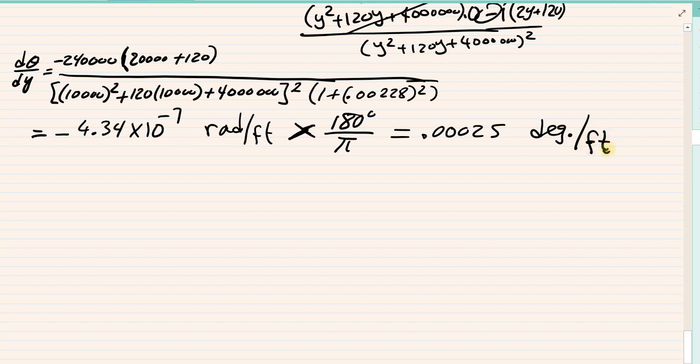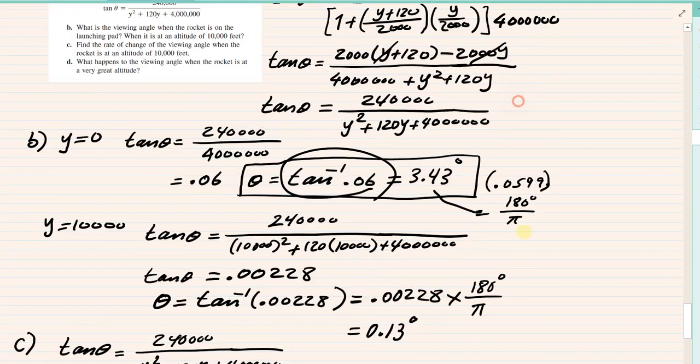And it's going to be negative, of course, because we start with a negative angle, then the rate of change is negative. So it's decreasing, so it looks like the viewing angle is diminishing. And that should answer part D.